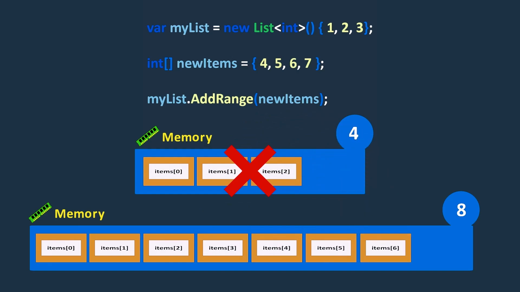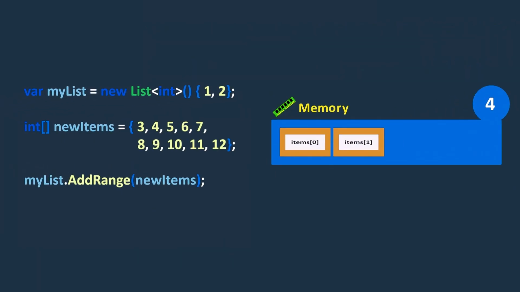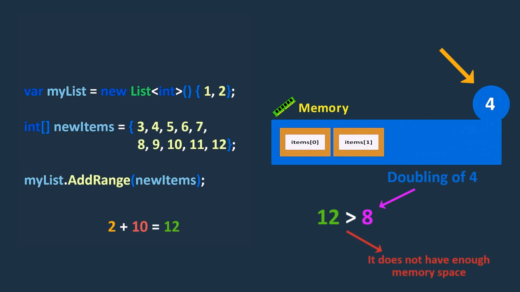However, there are cases where doubling the capacity is not enough. Suppose we have a list with 2 elements, and we use the addRange method to add 10 more elements to the list. Since the capacity is 4, even after doubling the capacity, the list doesn't have enough space to add all the elements.